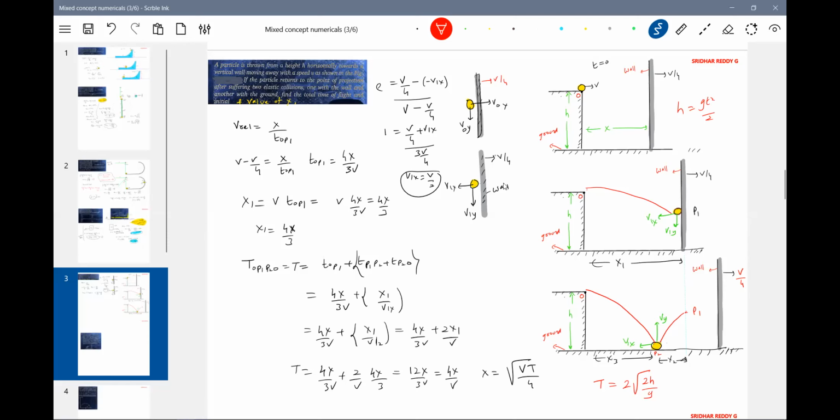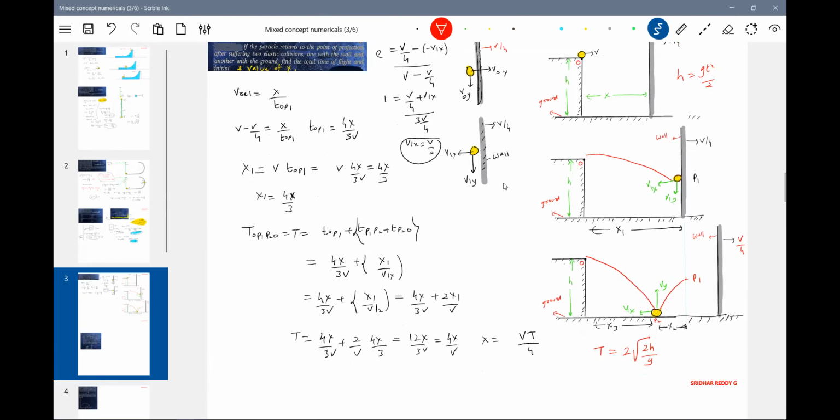Then you substitute the value of x there, you'll get the required answer. Why root? Sorry, root will not be there. I made a correction. So therefore now x equals v by 4 times T.